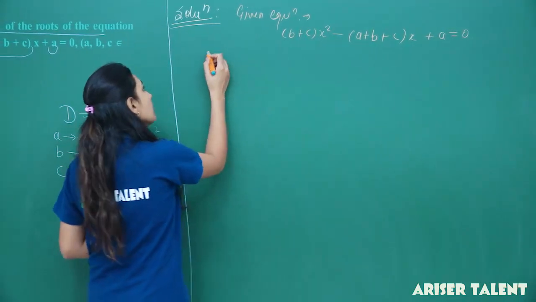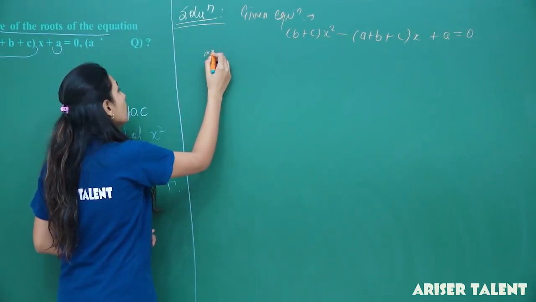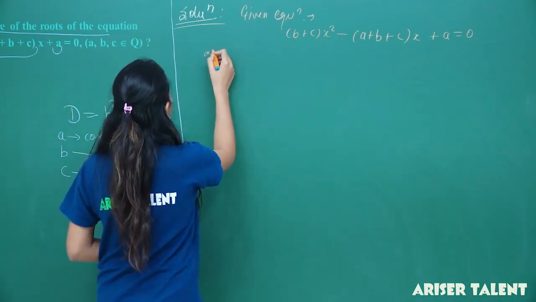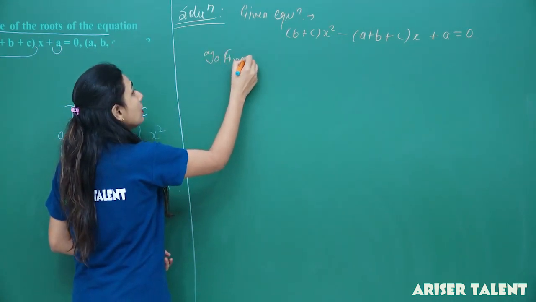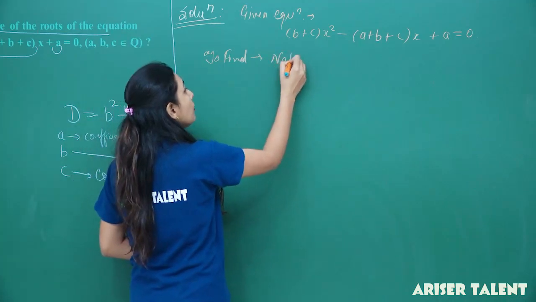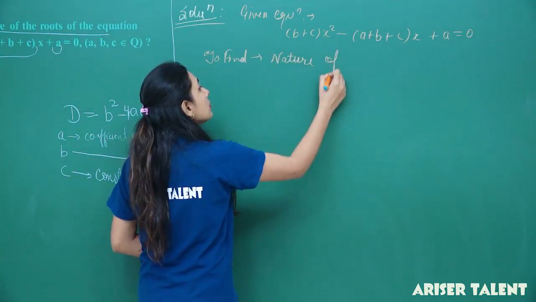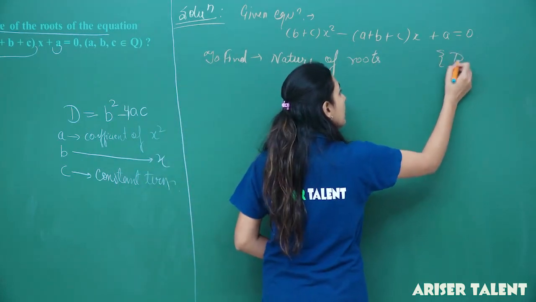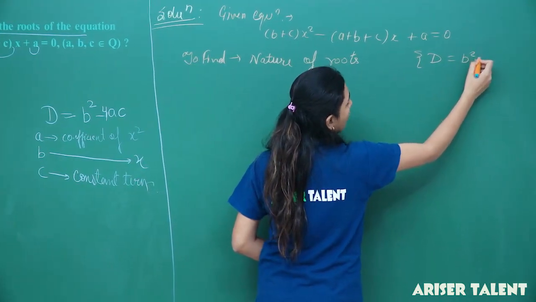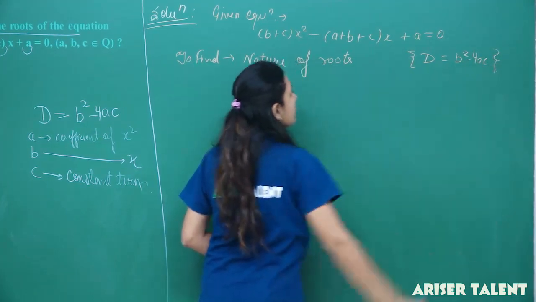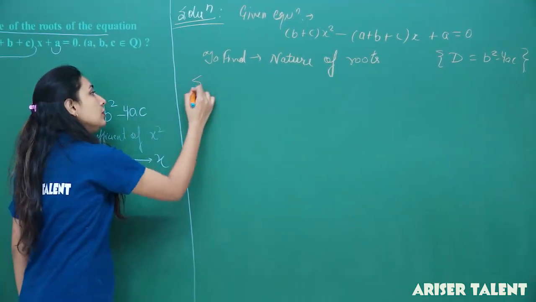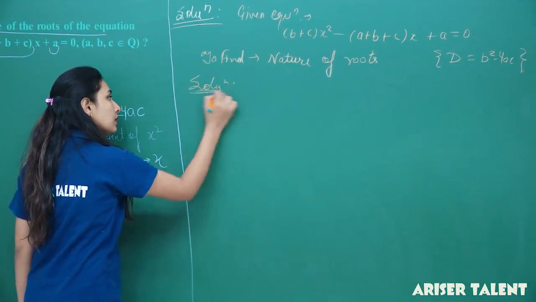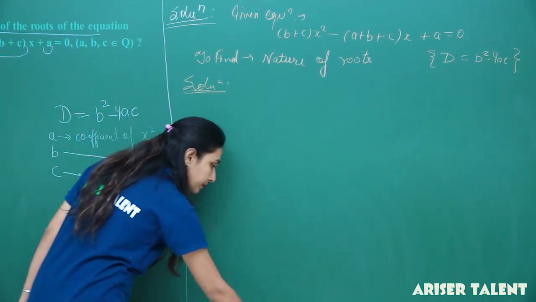Okay. Now what do we have to find? The nature of roots. How will we find out? By D equals to b square minus 4ac. Right. So the solution part, students, this is important now.